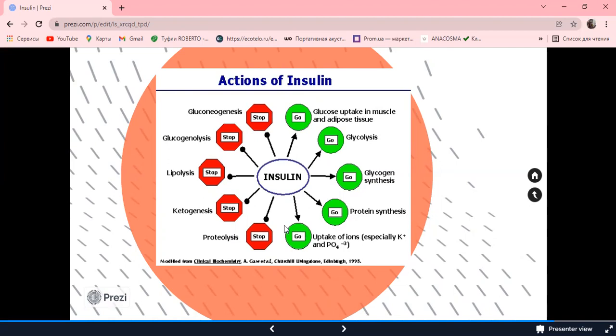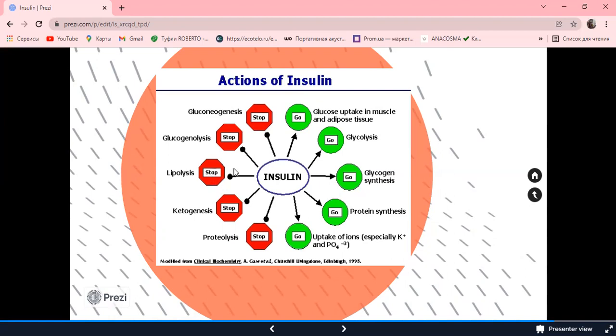At the same time, insulin will inhibit processes that are sources of glucose. First of all, gluconeogenesis and glycogenolysis. These two processes are processes for glucose production. Insulin as an anabolic hormone inhibits lipolysis.